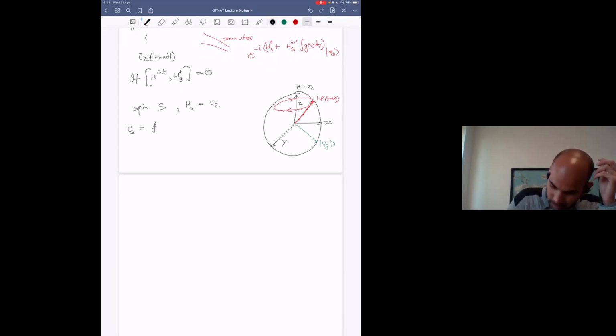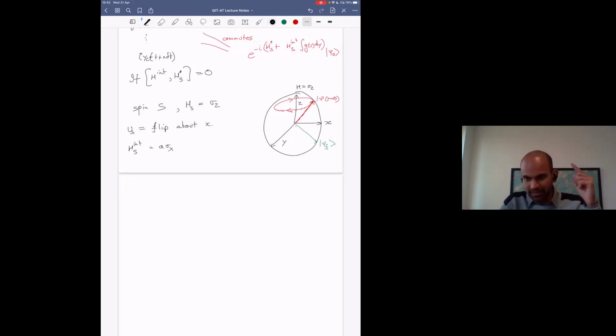So, flip about x. One of the ways of doing this, if we didn't have the natural Hamiltonian of the system, would be to simply rotate around the x-axis. So h interaction on the system could be, for example, some constant times sigma x. Because if we rotate about the x-axis, then after a pi angle in this rotation, we end up in the final state.